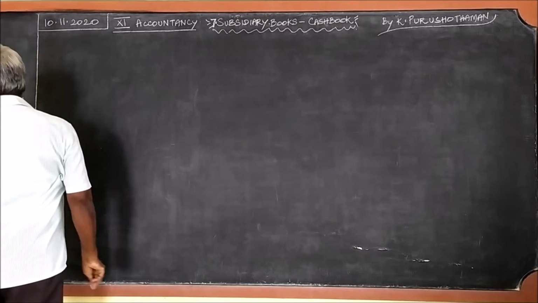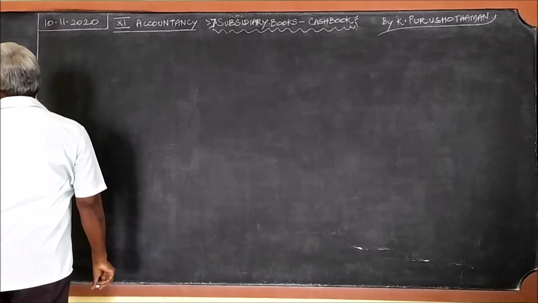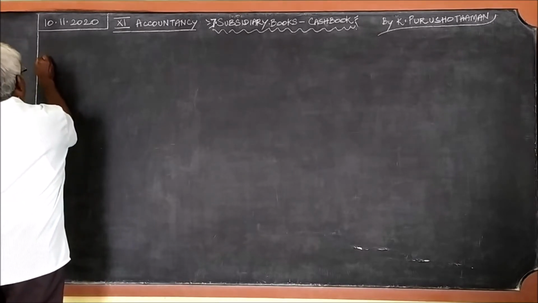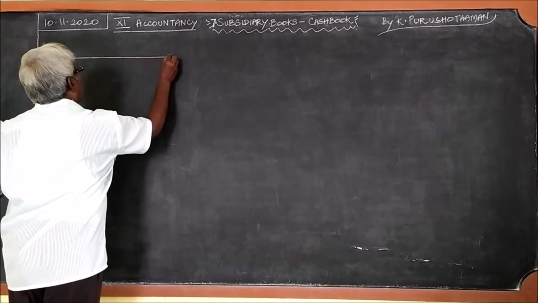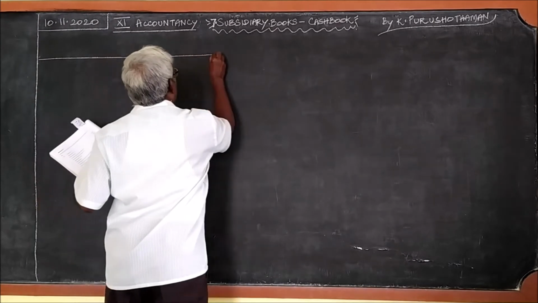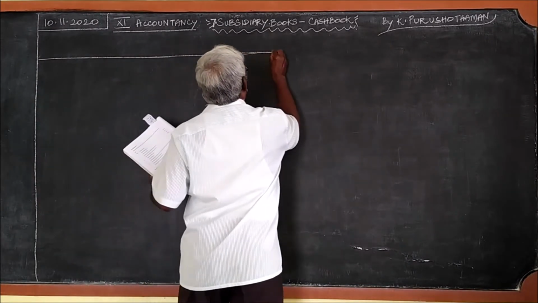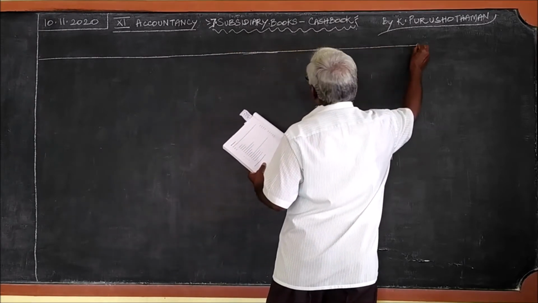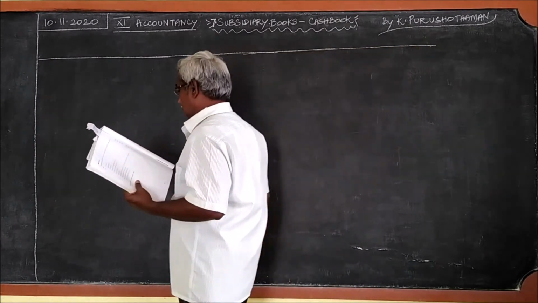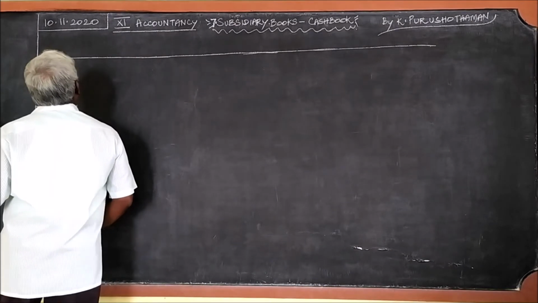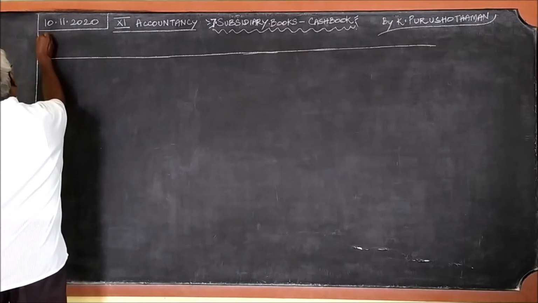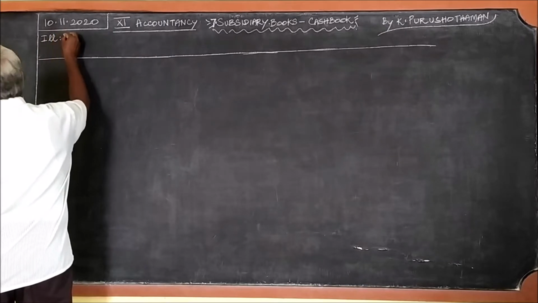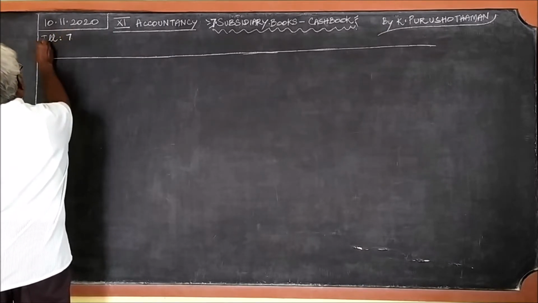As usual, in the books of Uday Kumar, listen to how I am drawing the columns. Illustration 7.